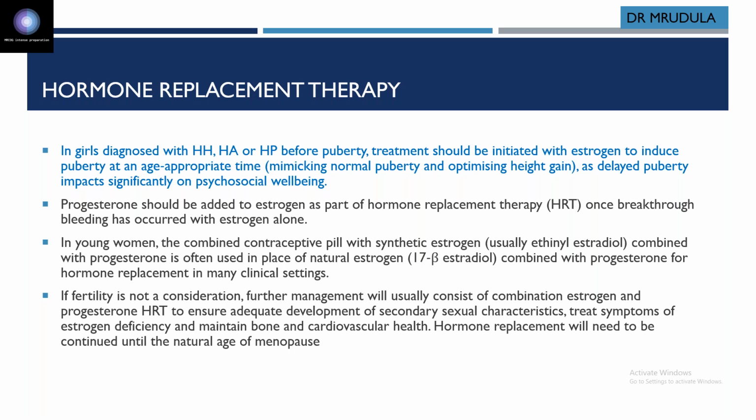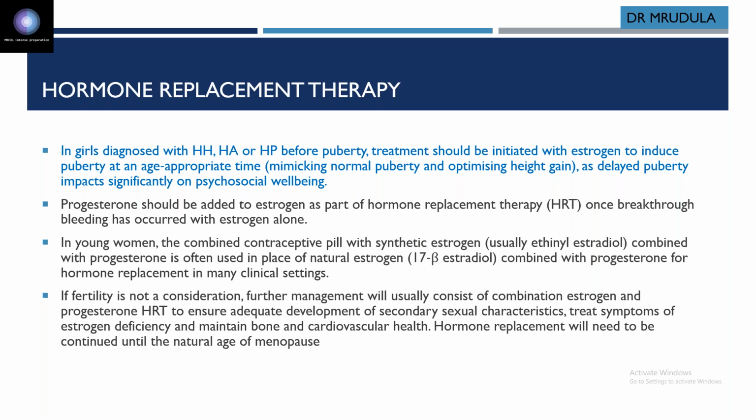So in any hypothalamic amenorrhea or hypopituitarism before puberty, the treatment should be started with estrogen to induce puberty, because delayed puberty has psychosocial and other problems also. And progesterone should be added to estrogen as HRT once the bleeding is achieved. Okay, once the breakthrough bleeding with estrogen occurs, then you will add progesterone to it.